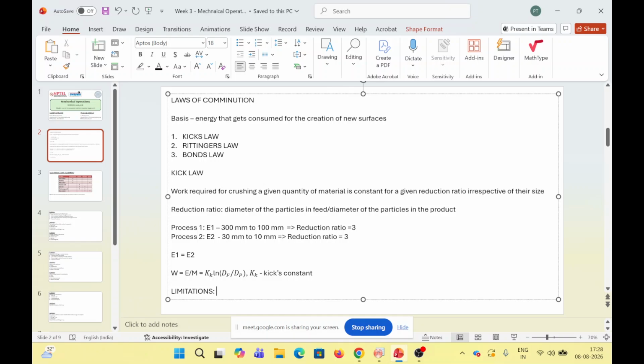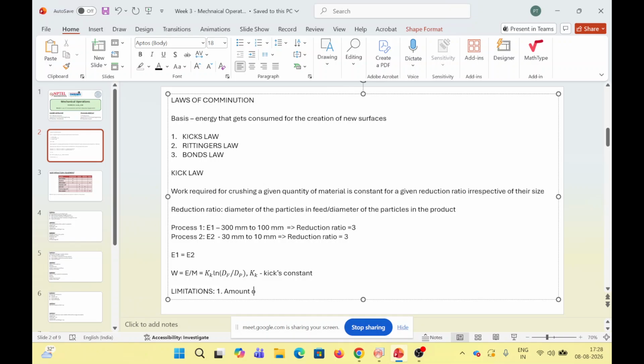So the energy required to break particles into finer grains is more expensive compared to breaking a particle which is bigger in size. So that is one of the limitations.